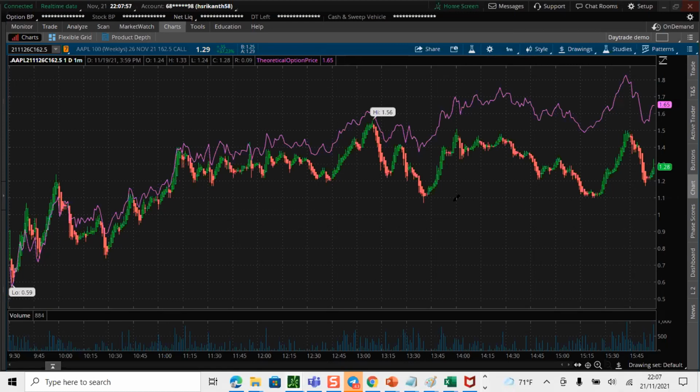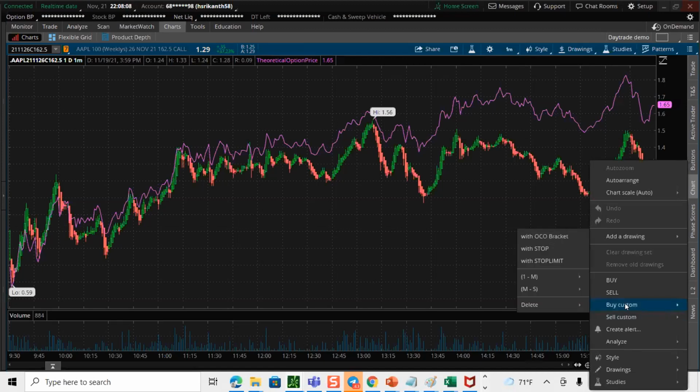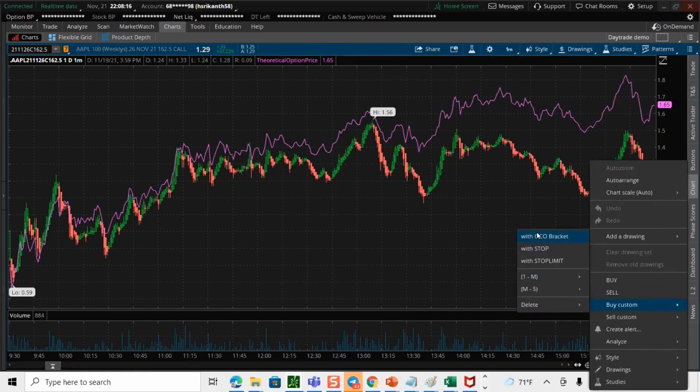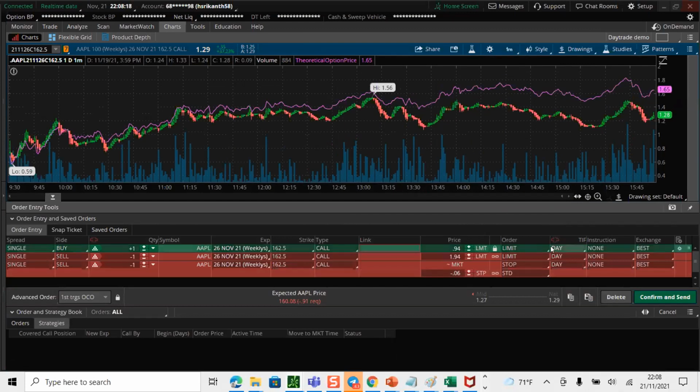Okay, want to sell for a places trail stop for 10% and want to sell it for 20%. Yeah, I can do it. So right click, I can just do the buy with the custom. Right.